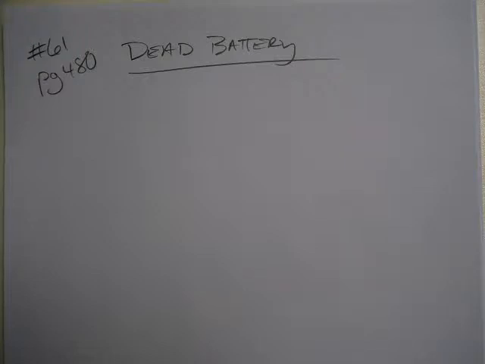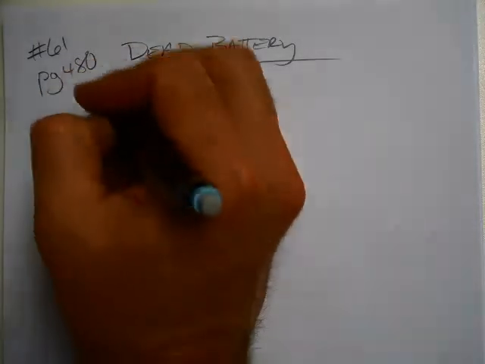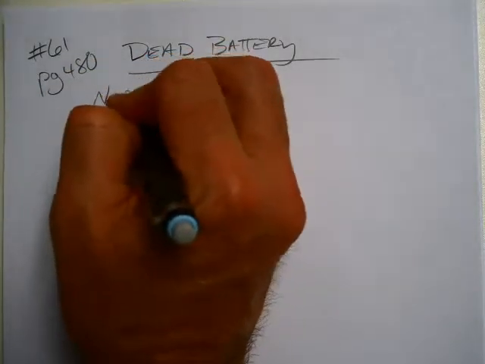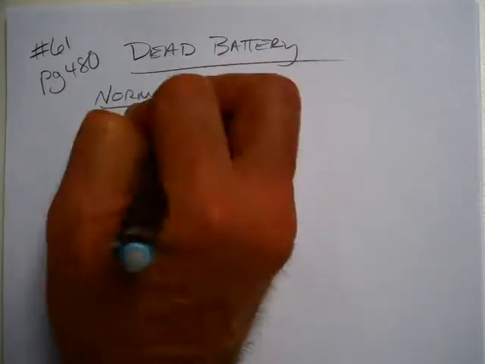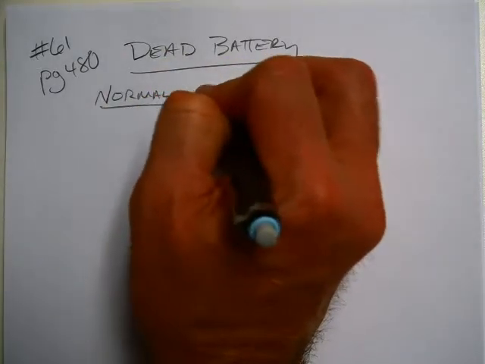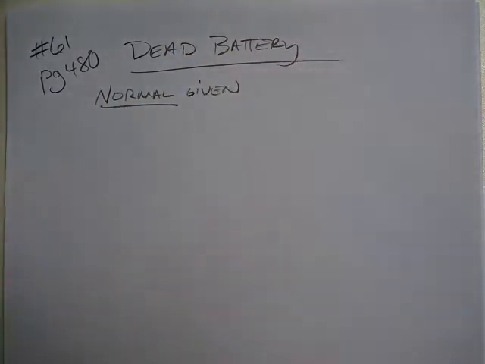In this problem, it says a car company claims that the lifetime of its batteries varies from car to car according to a normal distribution. Okay, so they're giving us that it's normal. This is given. Do we need the central limit theorem if we're given that it's normal? No, it's not necessary. Okay.